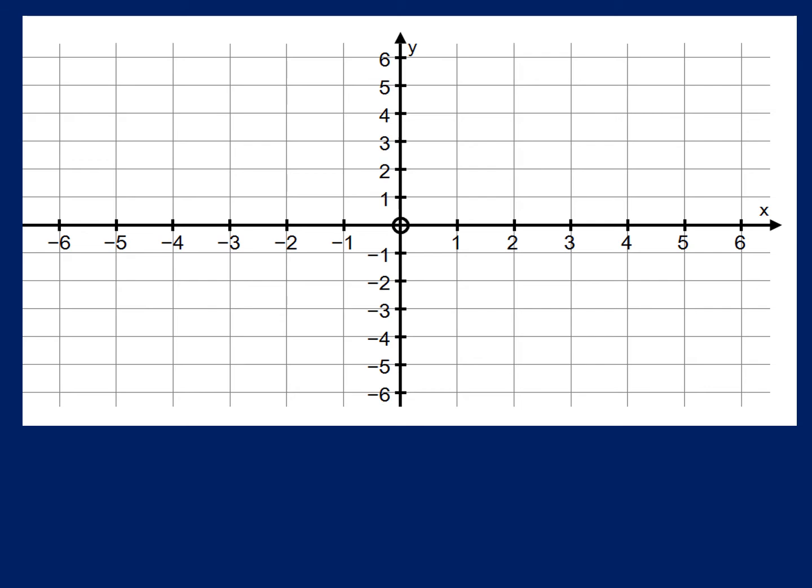We need to look at the rest of the Cartesian plane and see how the trig functions are influenced in each of the quadrants. So if we first look at quadrant 1, x is always positive. On the right-hand side of my graph, my x values are positive. And my y values are positive because quadrant 1 lies above the x-axis.